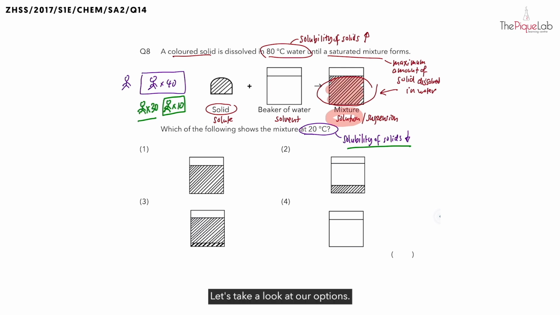Let's take a look at our options. Does option 1 show any solid settling at the bottom of our beaker of coloured solution? No, in fact, it just shows a beaker of coloured solution. So this is not our option. What about option 2? Option 2 shows some solids at the bottom of the beaker of a solution. So is this our correct answer? But if you look carefully, it shows all the solids at the bottom of the beaker and none of them dissolved in the water at all.